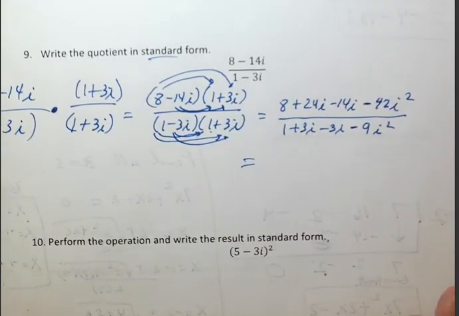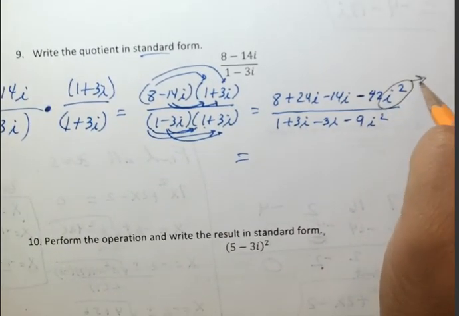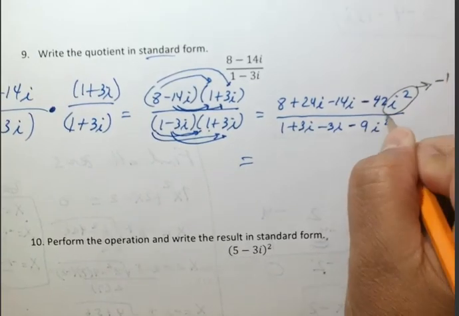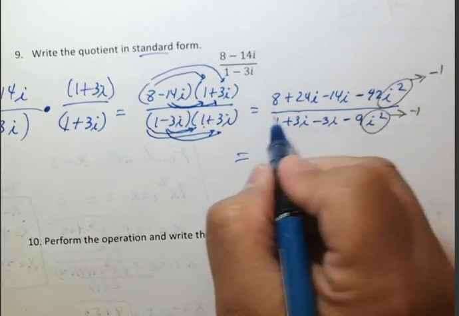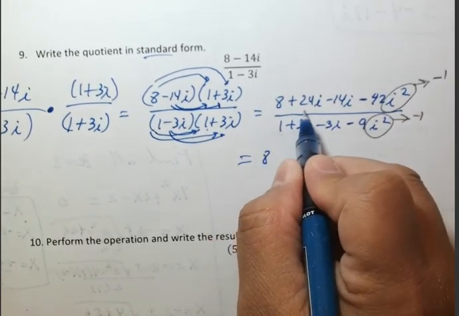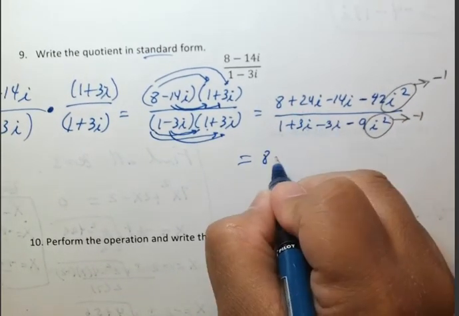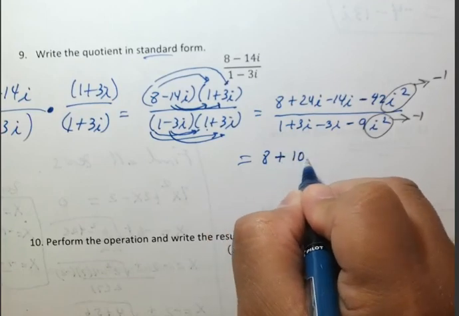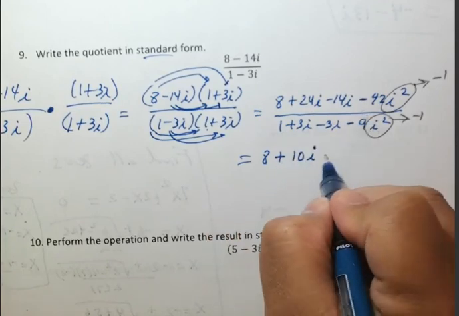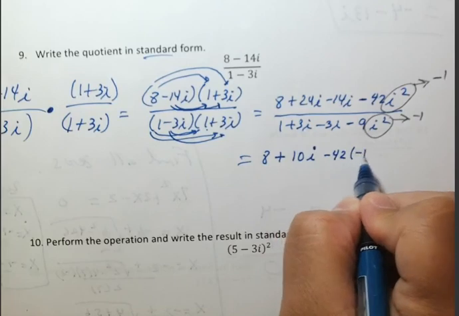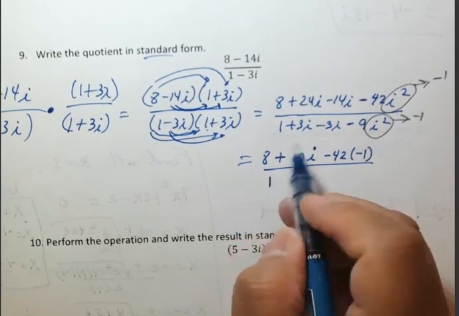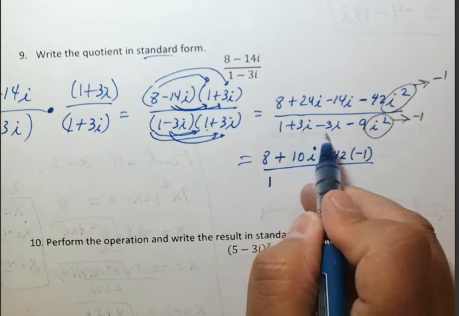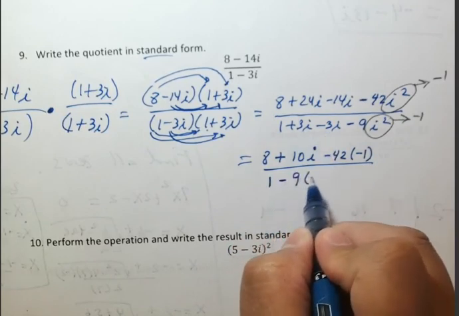Gather like terms. This i squared here is the same as a negative 1. Okay, so we're going to end up with 8. 24i minus 14i is positive 10i, minus 42 times a negative 1. And then I have 1. The 3i minus 3i is 0, minus 9 times negative 1.